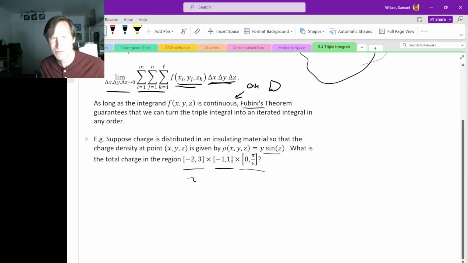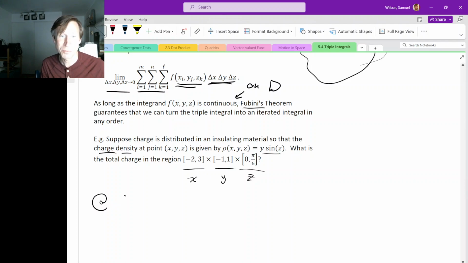And when I write regions this way, this is always a rectangular box where the range of x-coordinates is first, the range of y-coordinates is second, and the range of z-coordinates is third. Okay, so charge density is just like mass density in that to get the total charge, you multiply by the density. Of course, since our density is varying from point to point, we have to do all our calculations in the neighborhood of each point.